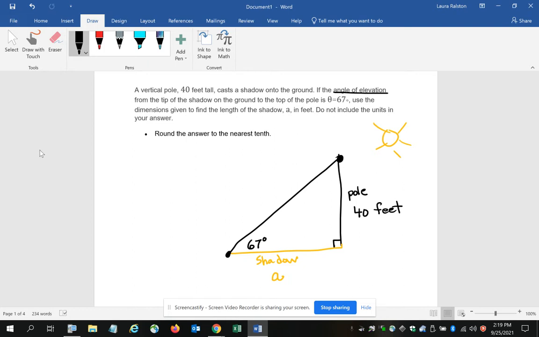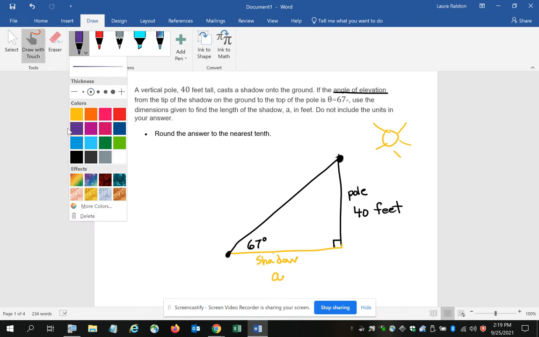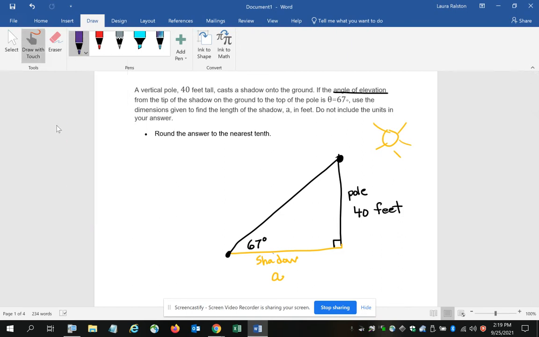Looking at the information that I have, I have an angle. With respect to that 67 degree angle, I know the value of the opposite side, and I am looking for the adjacent side. So in my mind, that means I'm thinking opposite and adjacent.